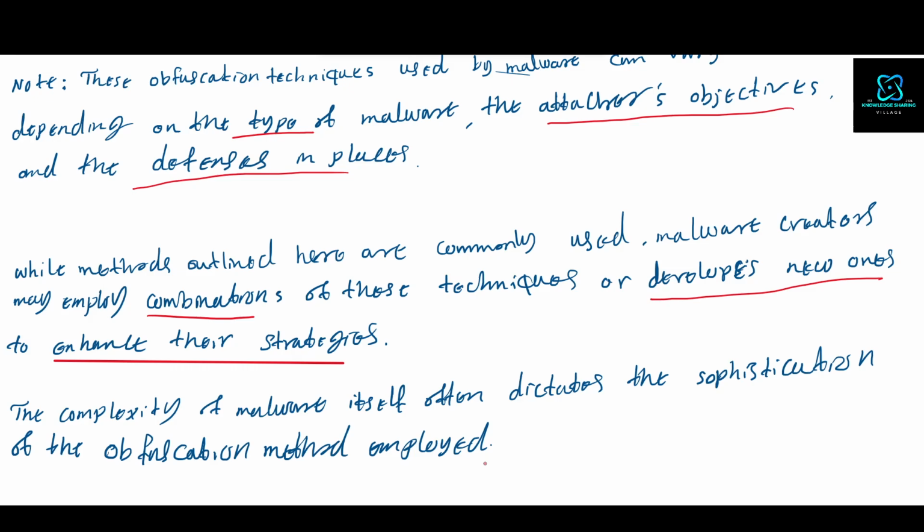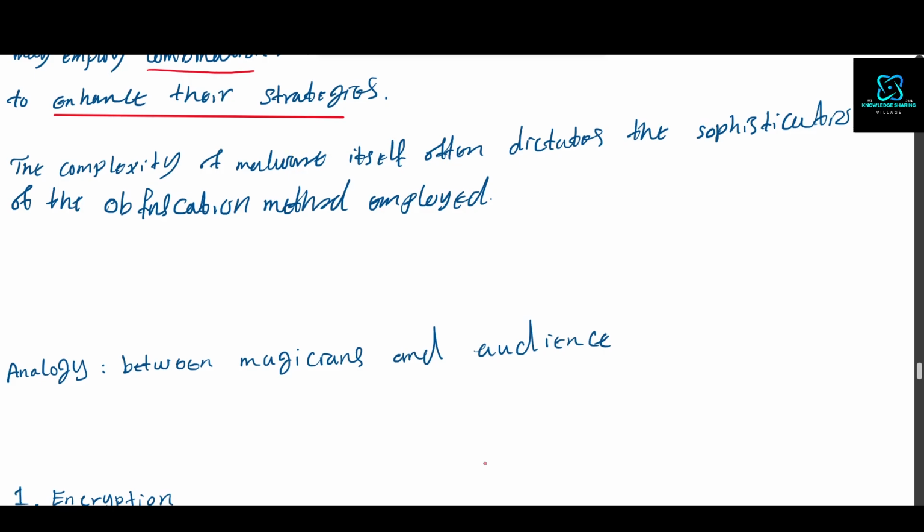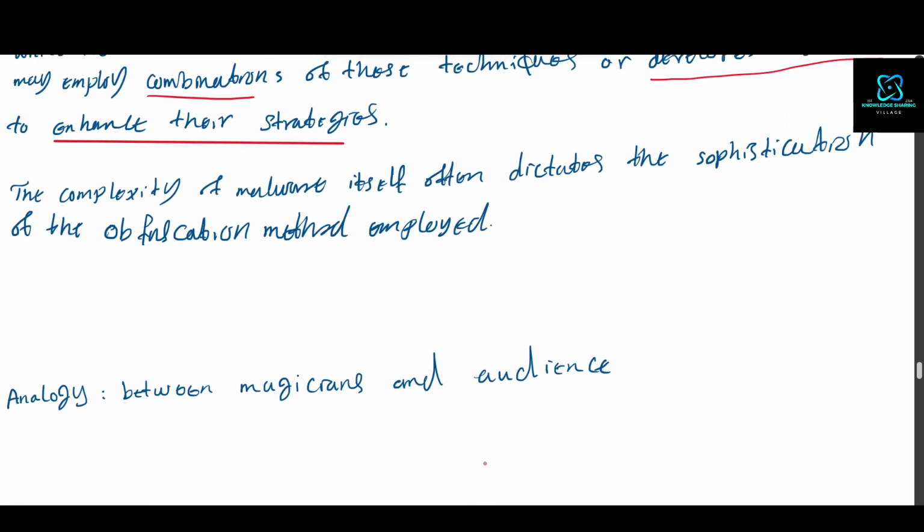We can use a nice analogy here between the attacker and the defense team. It's like a magician and the audience. Just as a magician can combine tricks, in our case the malware creator can combine many of these obfuscation methods.